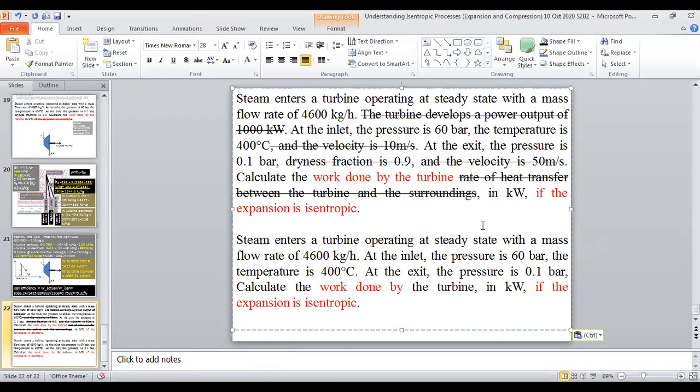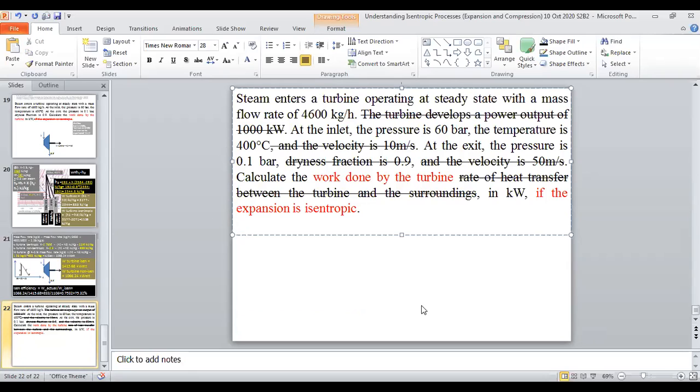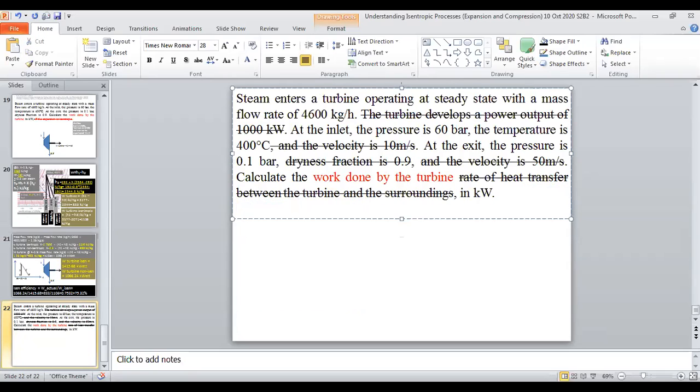Now here, the original one. Reds are the additions. So I take this out.